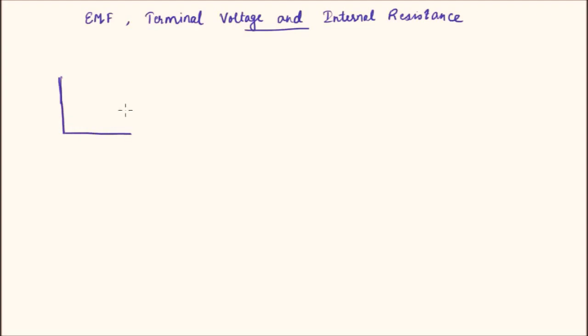So basically there will be electrolyte, which will be a conducting liquid. It can be many different things like dilute sulfuric acid, depending on our need and how much potential difference we need to create.